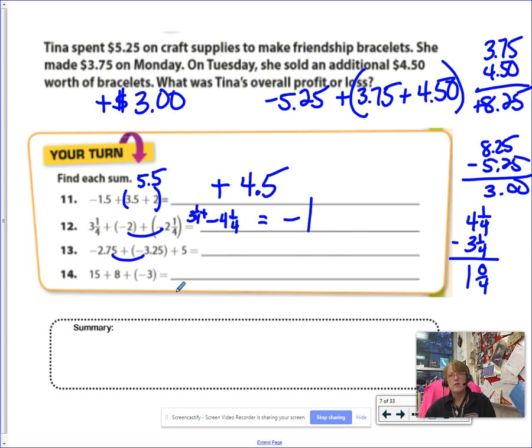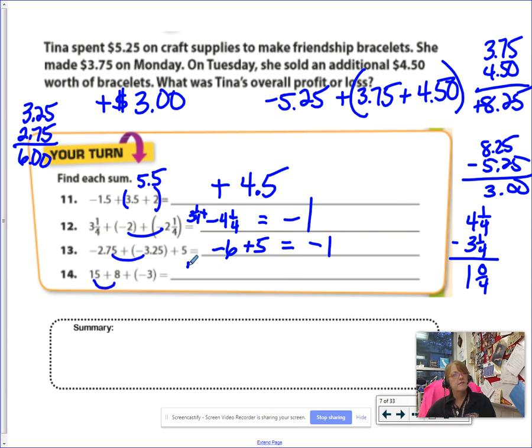Add these two together first because they're both negative, and same signs give you a sum. 3 and 25/100, 2 and 75/100, that's 6. Together with the 10 it is exactly a value of 6, but it has to be negative. Plus 5. Now we're just back to integers. 6 has stronger power because it has a bigger absolute value, so my answer will be negative. Different signs, difference. 6 minus 5 is 1.